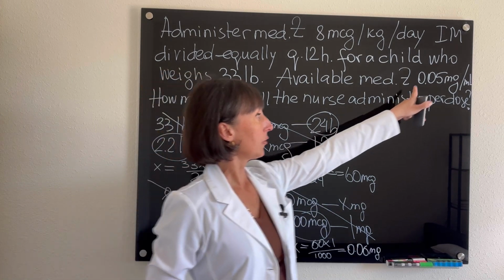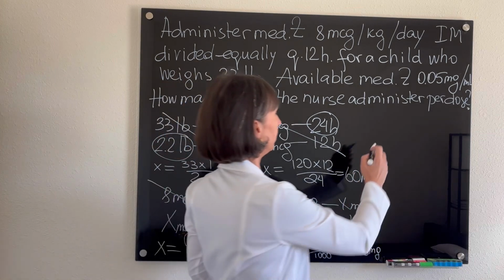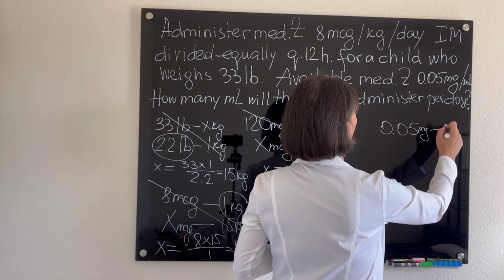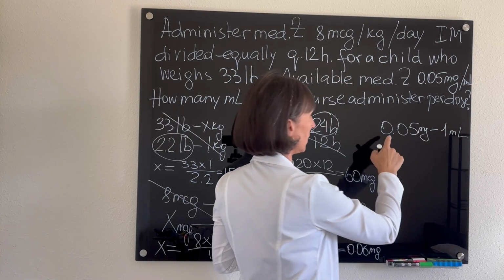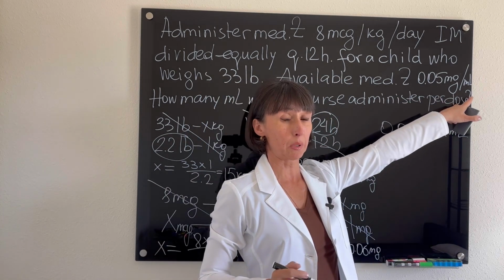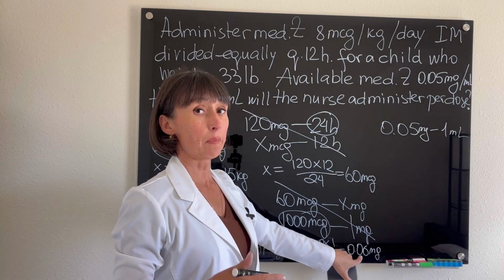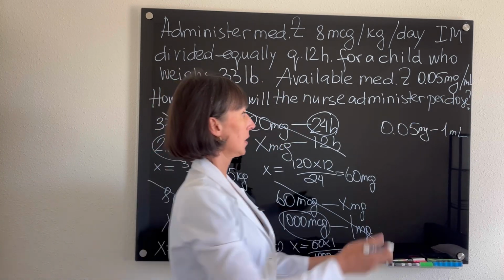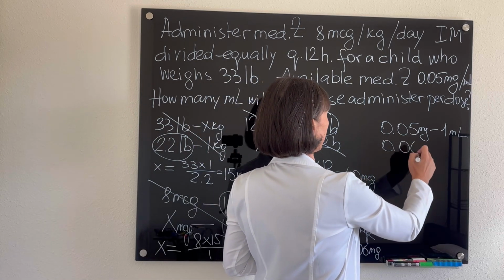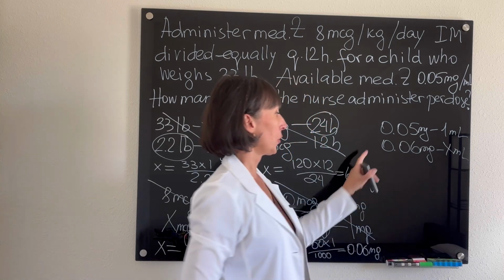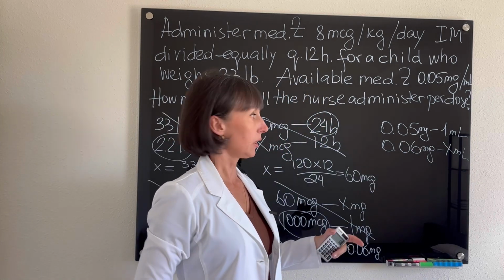Now I can go ahead and figure out my milliliters. 0.05 milligram is 1 milliliter, that's given. Now 0.06 milligram, I don't know how many milliliters that is. 0.06 milligram is X milliliters.